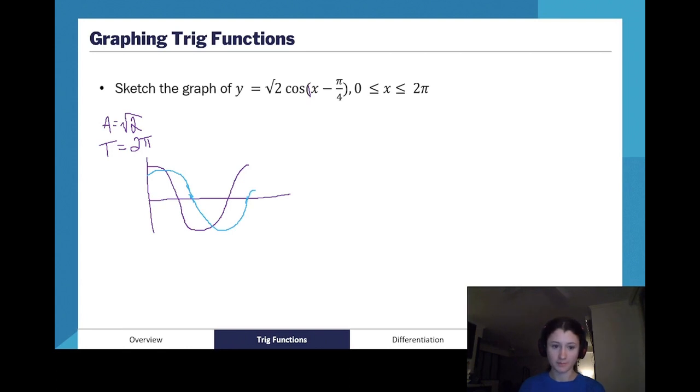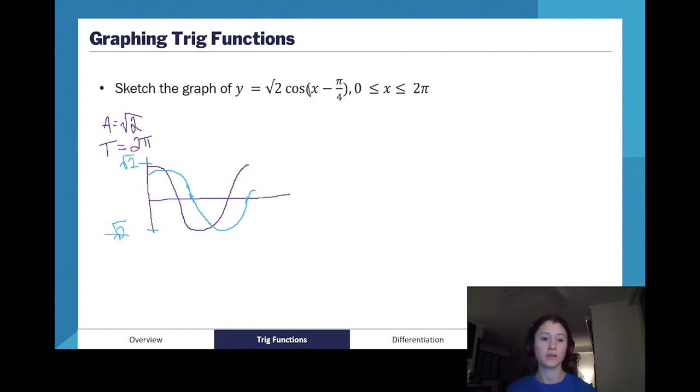All right. Obviously, we have not sketched that exactly, so what we're going to do now is pop in a few of the values. We know that the amplitude is root 2. The minimum value is going to happen at negative root 2. And then let's pop in our intercepts.